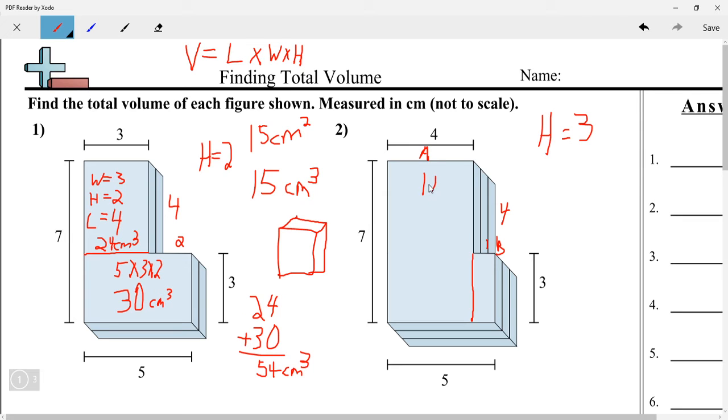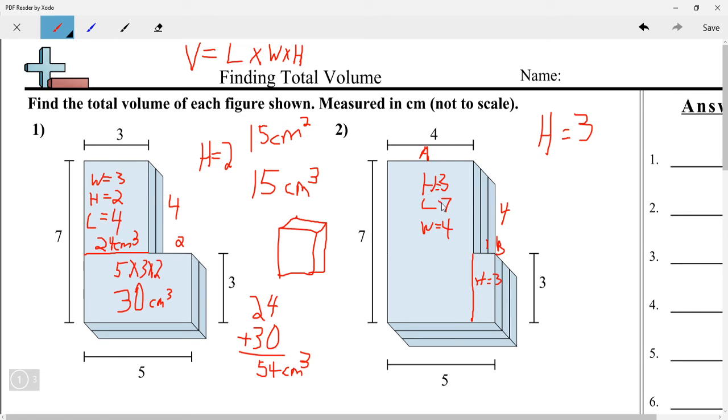And remember, H equals 3 on both of these. So H equals 3, and then let's figure out the length and width of these. So this one is 7 and 4. So 7, 4, length, width.